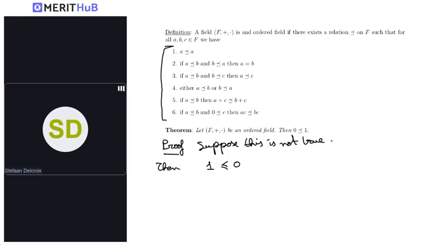It's a little harder to see this one, but I have two elements in my field, 0 and 1. One of those properties says that I can compare them. One must be less than or equal to the other one. Which property is that?